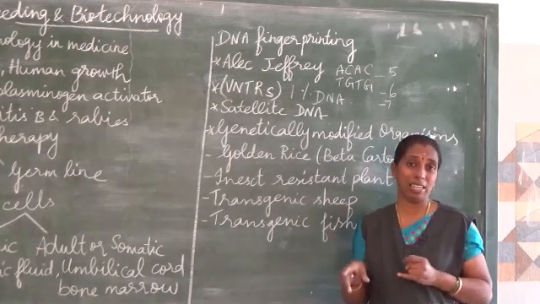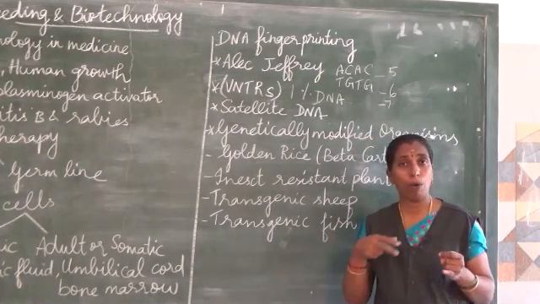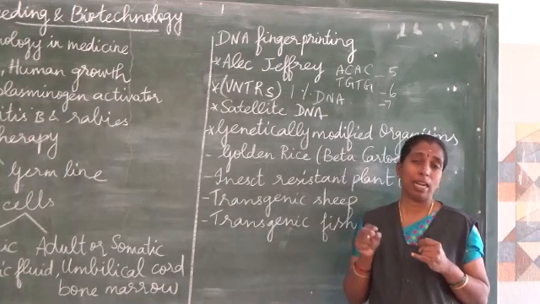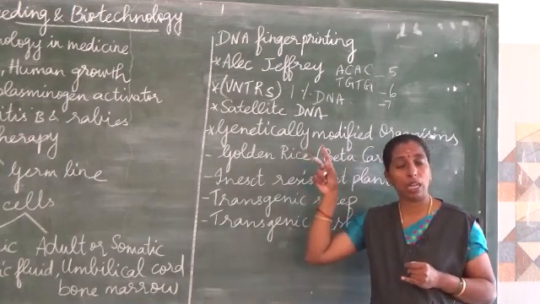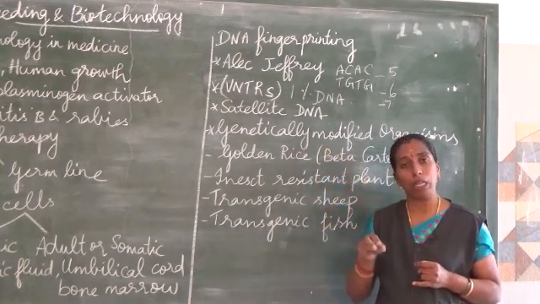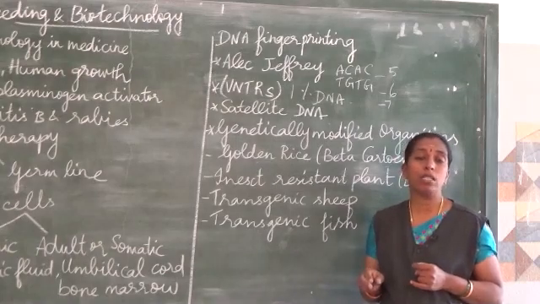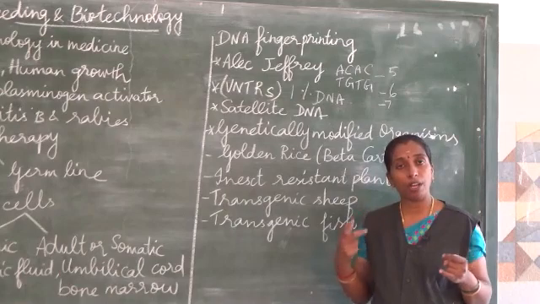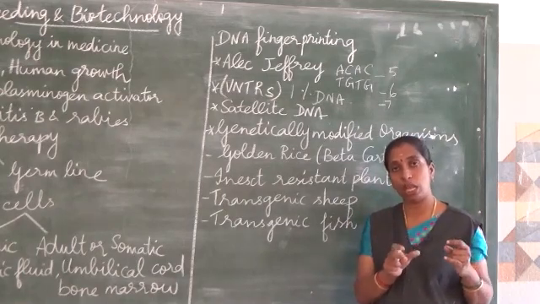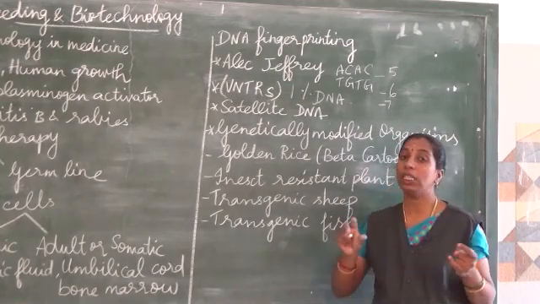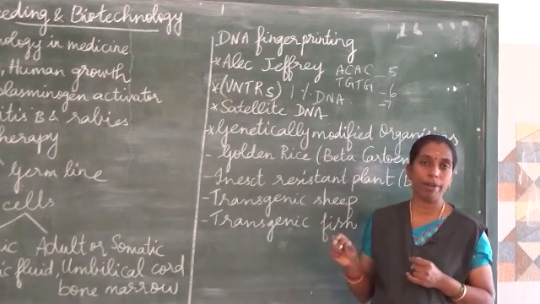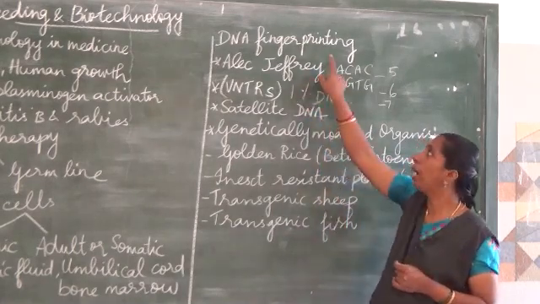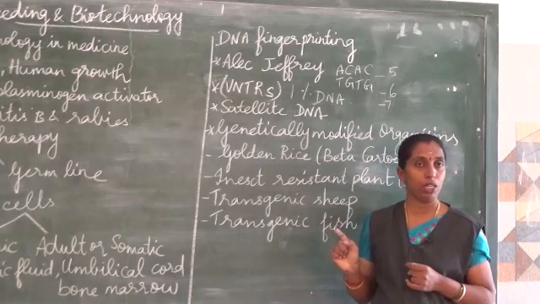As well as for parentage, parental disputes also, using DNA fingerprinting we can find out the answer. And apart from this, DNA fingerprinting is also used to find out the population's genetic variation and genetic diversity of human beings. For that purpose DNA fingerprinting is used.